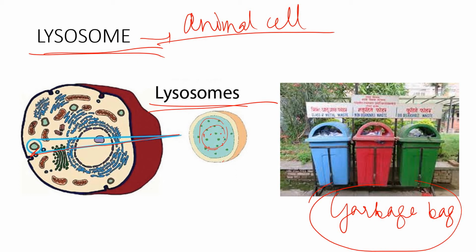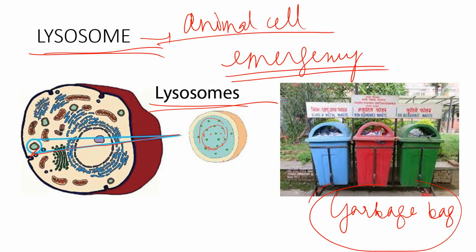Now suppose there is an emergency inside our body, a state of emergency, and this particular cell needs to die so that a new cell can form. So this lysosome will just burst open itself and then digest the other cell organelles inside, and thus it is called a suicide bag. Suicide means a person who kills themselves.